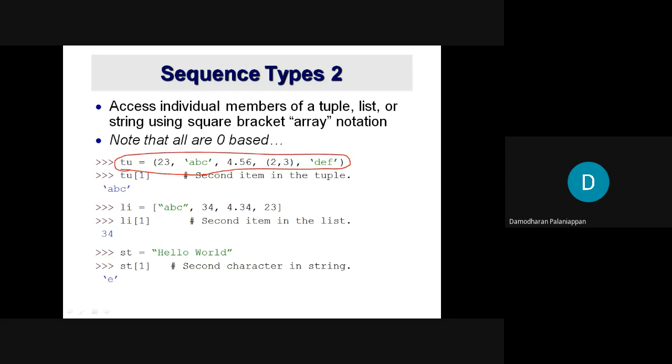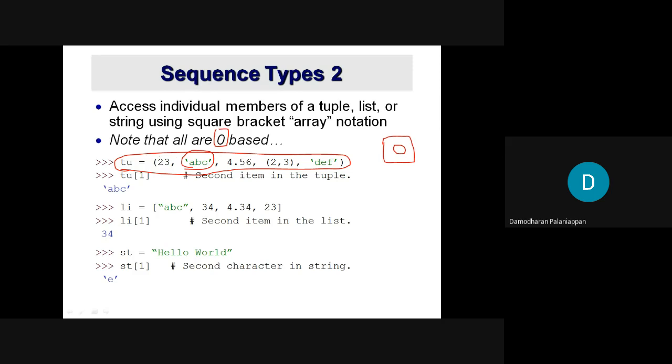I want to access the data ABC from the tuple. It is very simple, by using its index. Always the index starts from 0. It is most important.